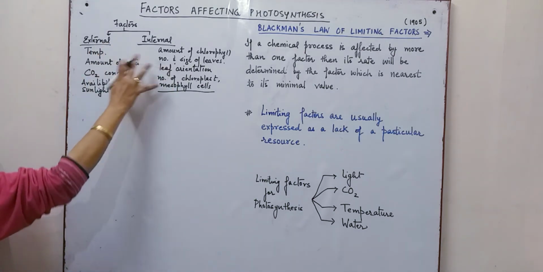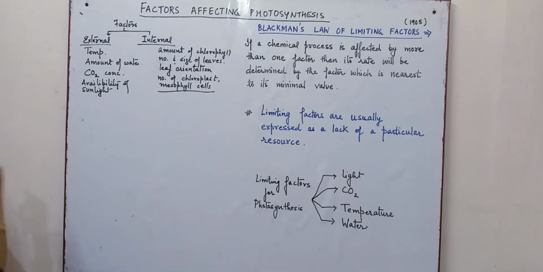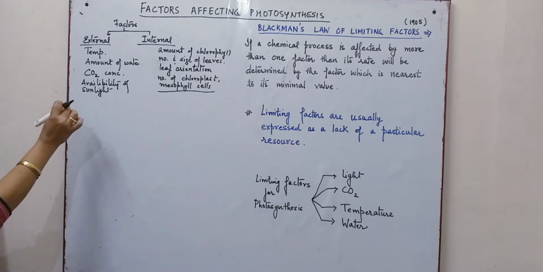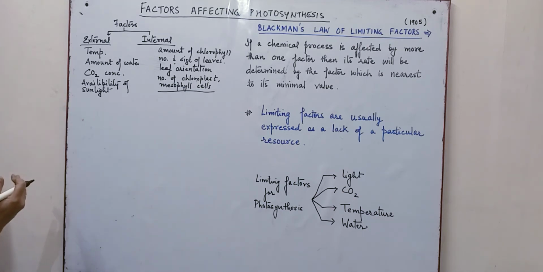Suppose all the conditions are optimum, then the plant will be able to perform photosynthesis efficiently. But if one of the factors is below optimum level, that is, it acts as a limiting factor, then it will affect the rate of photosynthesis in spite of the other factors being at the optimum level.